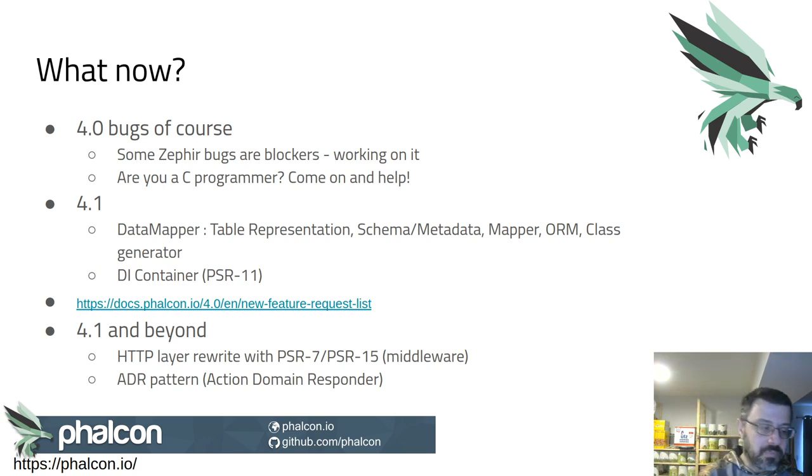Also for 4.1 and beyond, we did mention this before, and it's also in one of the NFRs, we're going to rebuild our HTTP layer to work with PSR 7 and PSR 15. PSR 7 is the server request and response, and PSR 15 is middleware.